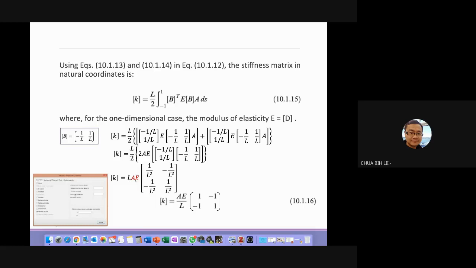Otherwise, if you don't provide A and E, the software will still carry on to run the solutions, but then you may get strange results. Because by default, if you don't put anything, the software may put either 0 or 1. If they put 0, then the stiffness is 0. So this is how they would do it.